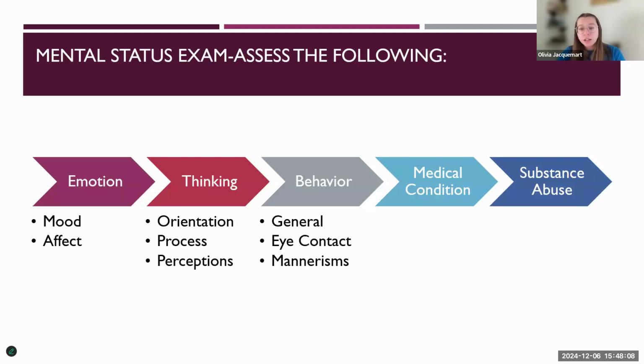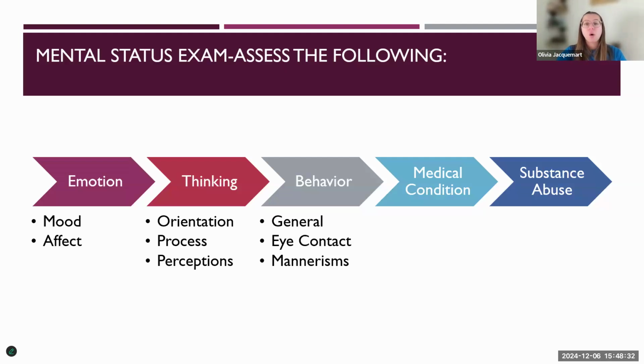Then we have behavior. So in general, what is going on? Is there an increase of activity such as restlessness or agitation? Is there decreased activity? Are they withdrawing? Are they isolating? How is their eye contact? Are they avoidant or are they staring really intensely? And then their mannerisms. How's their posture? How's their fidgeting?